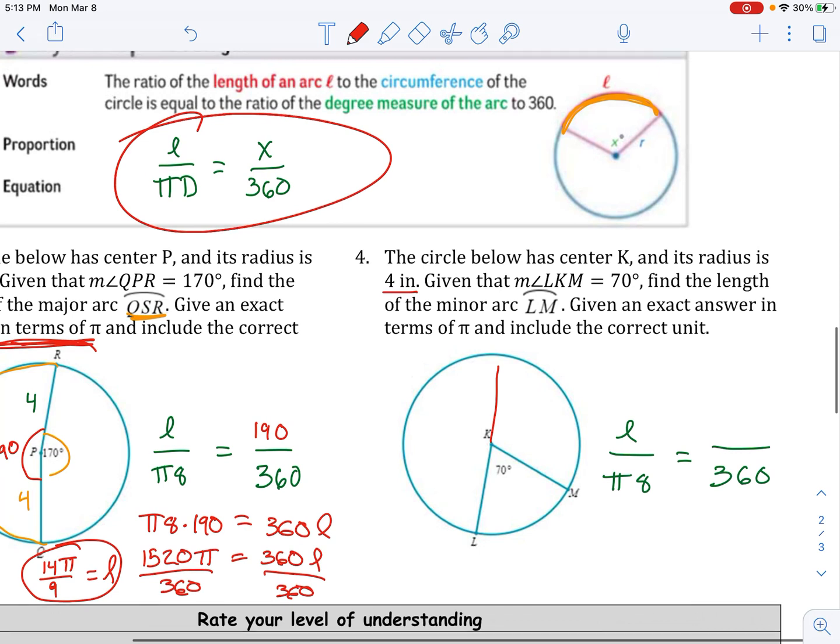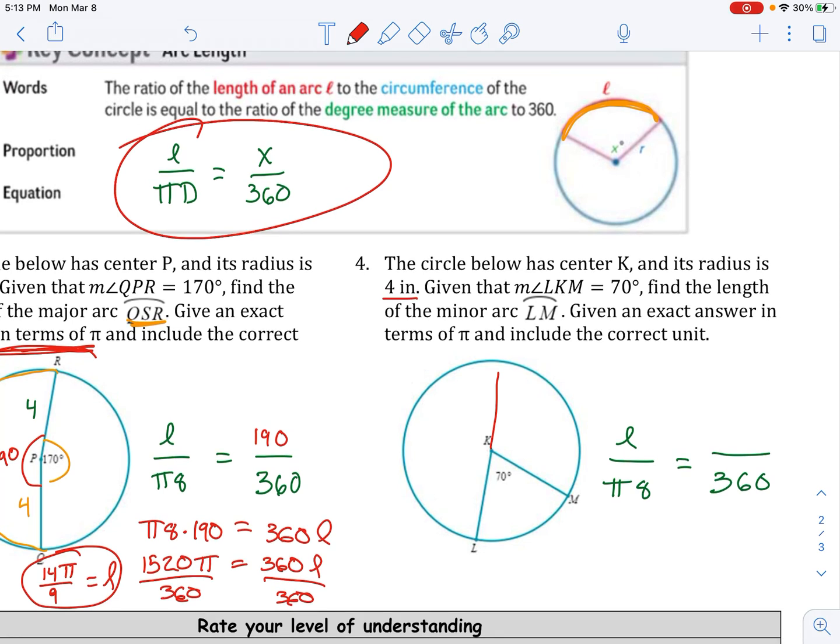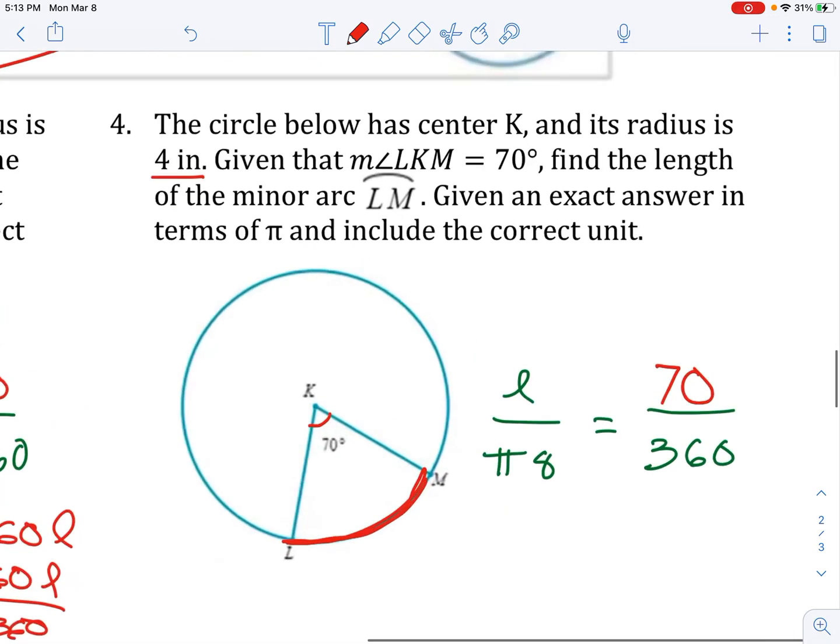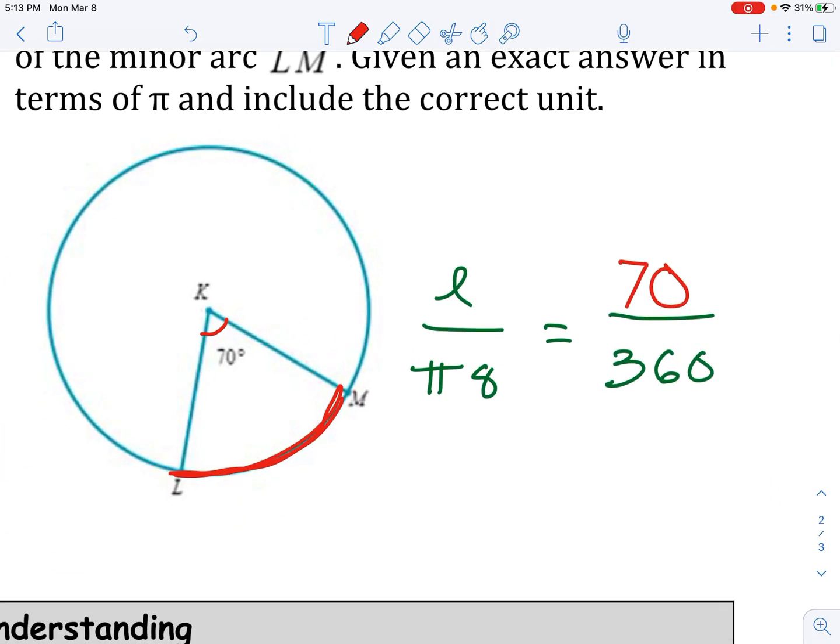And then I have my 360 on the bottom, and then it's saying it wants me to find this arc right there. So that one is 70 degrees, so we'll have to use the 70 for this one. Okay, so now 70 times pi times 8 equals L times 360.